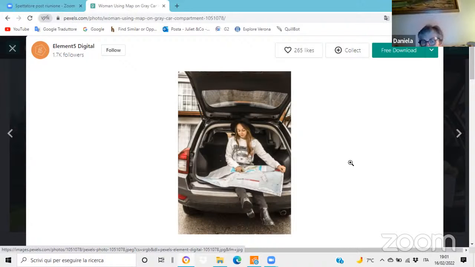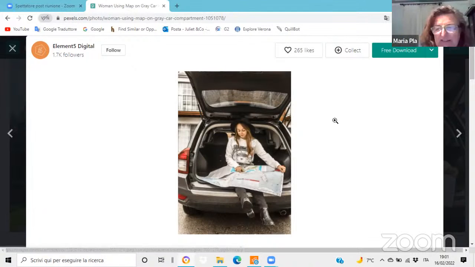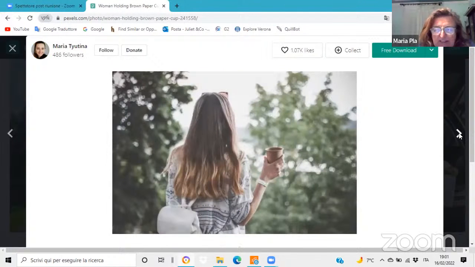A cap, no, a hat on her head, and she looks nice with this hat. And okay, Elizabeth, can you tell us something about this picture?